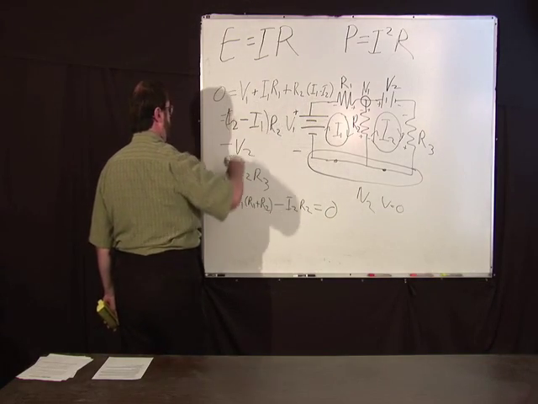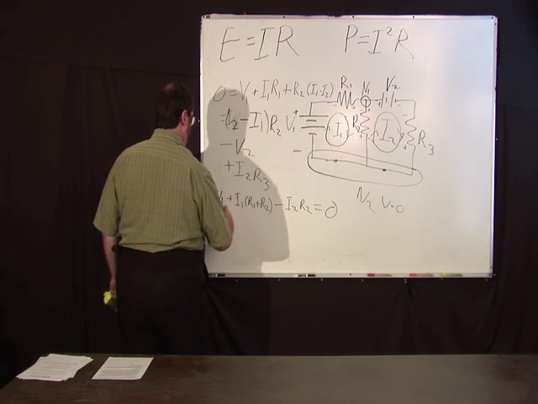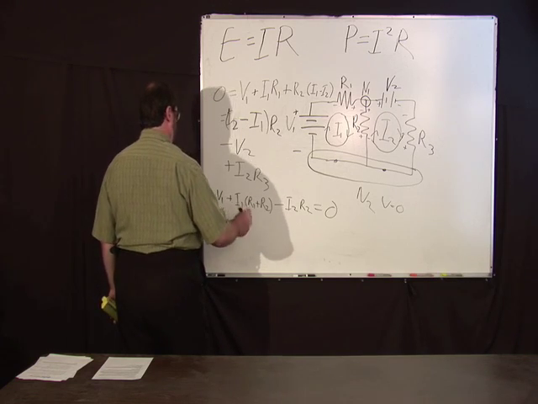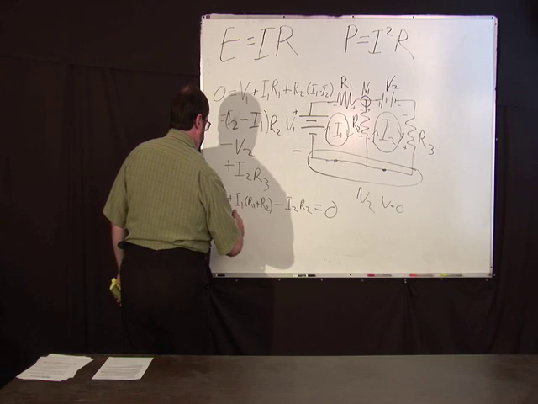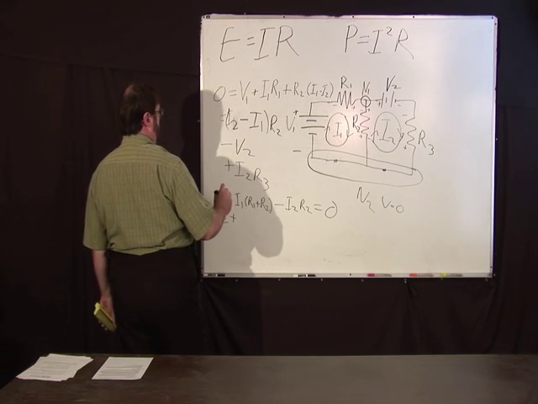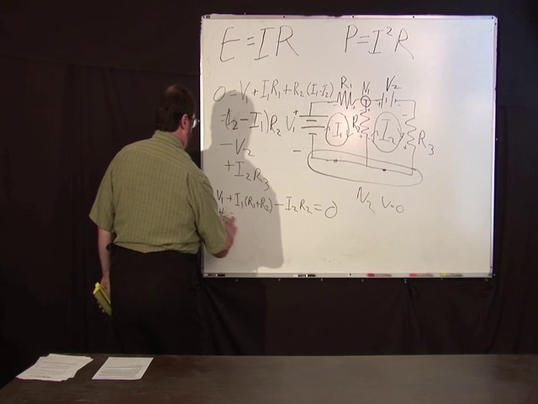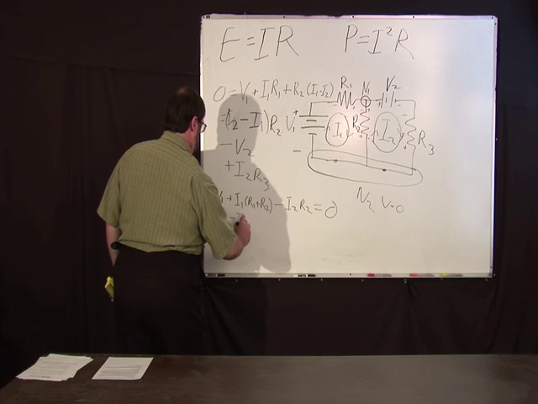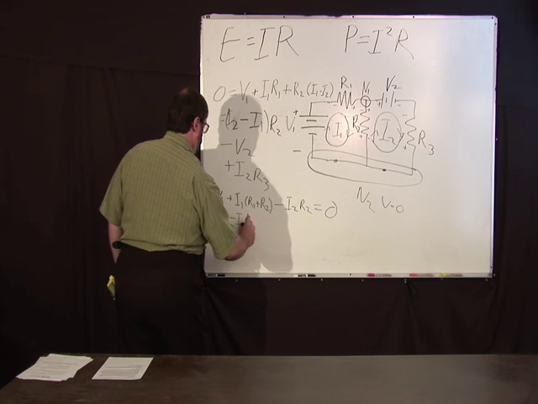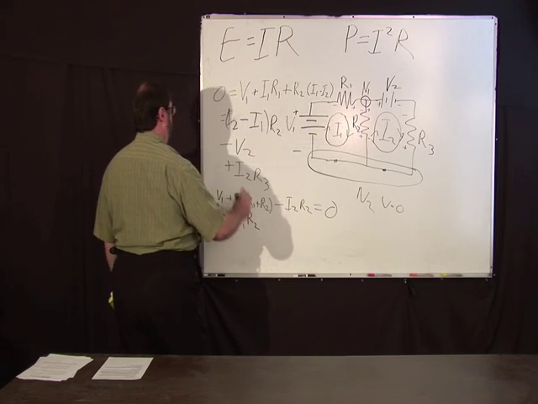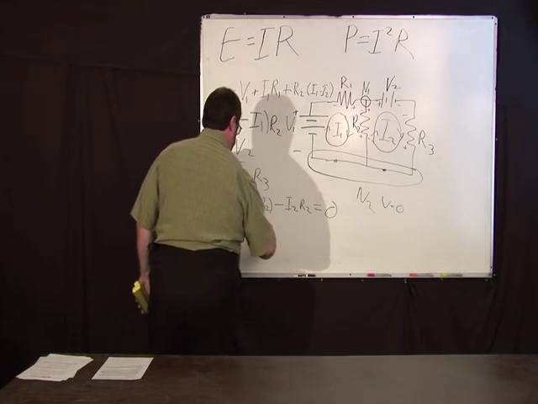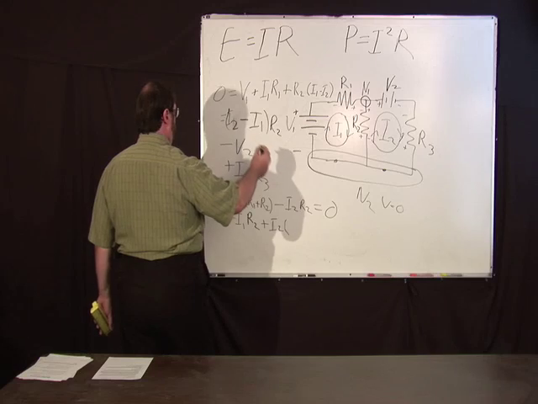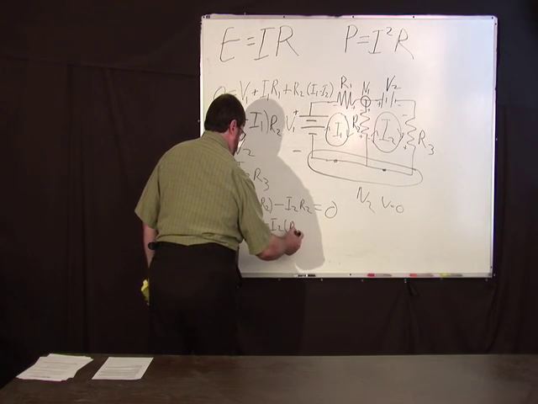Again here, let's regroup these terms. So we've got minus V2 plus, minus I1 R2 plus I2 times (R2 plus R3).